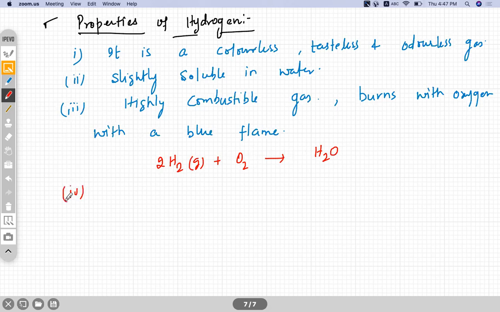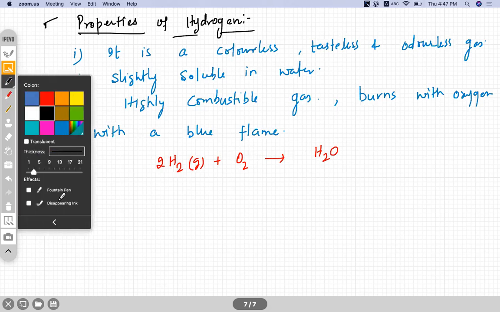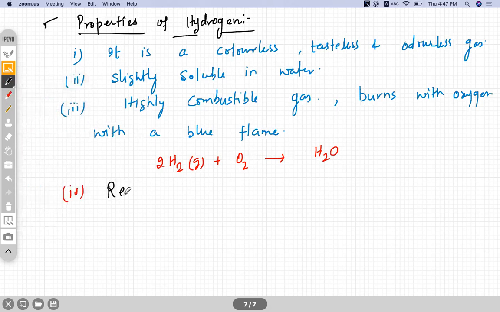It reacts with metals and forms metal hydrides.